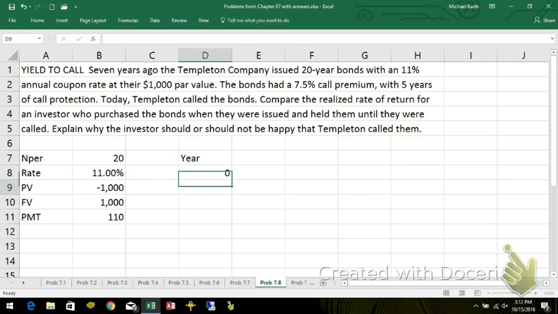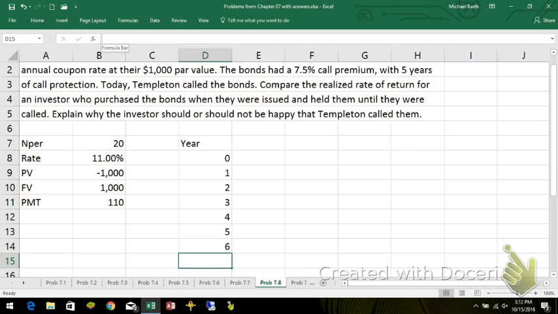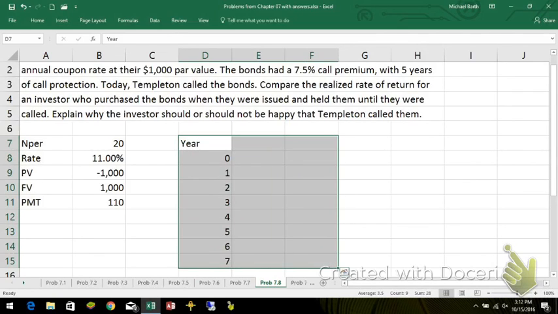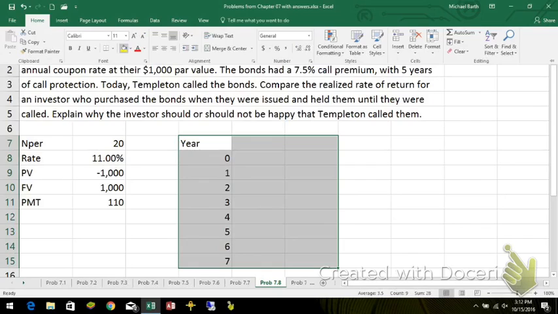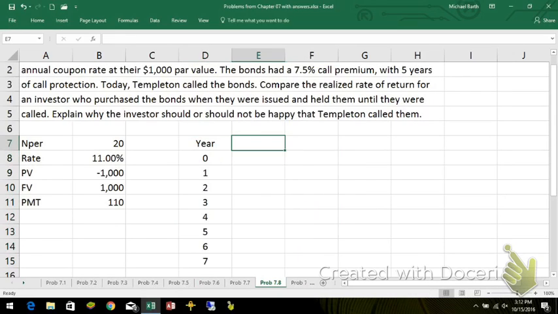set up a timeline here. 1, 2, 3, 4, 5, 6, 7. All right, so they called the bonds after they had been outstanding for 7 years. And so these are the cash flows for the investor.